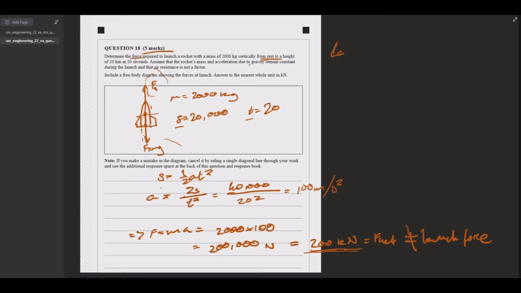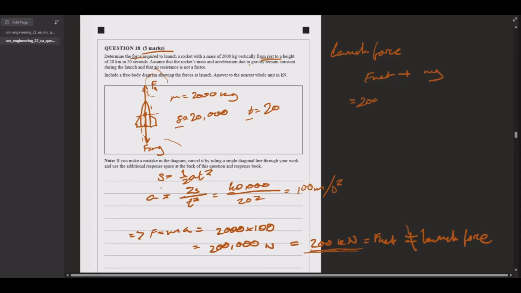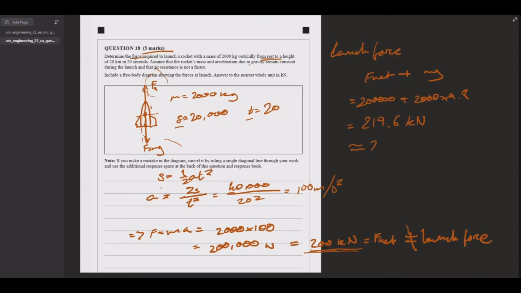So the launch force will have to be F net plus the weight of the rocket, so mg, and that's what, 200,000 plus 2,000 times 9.8, and that's going to give us 219.6 kilonewtons, which is 220 kilonewtons.